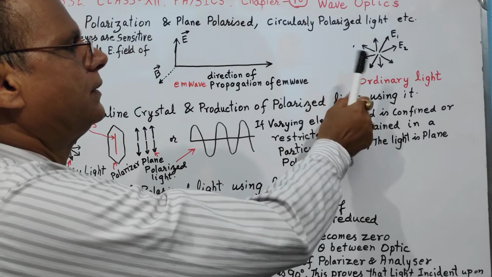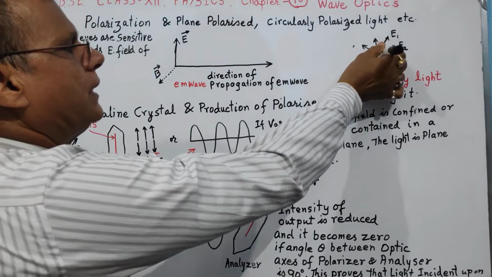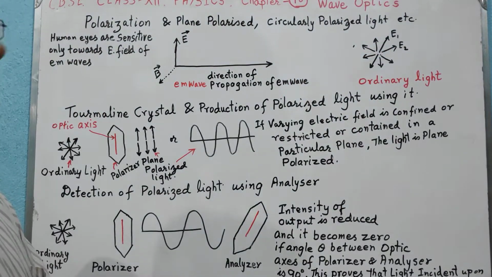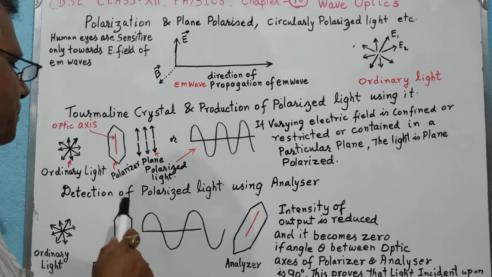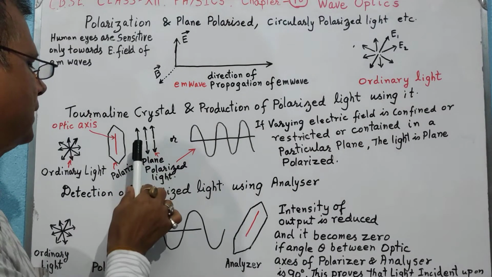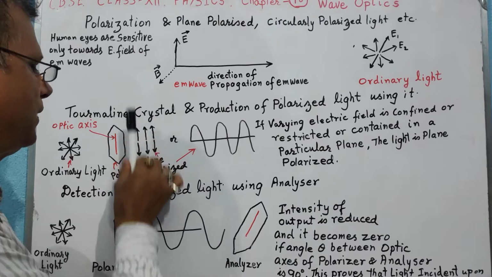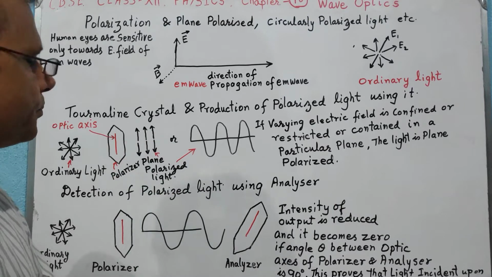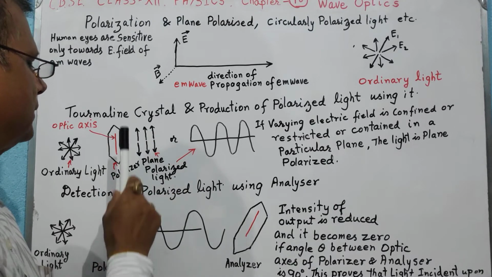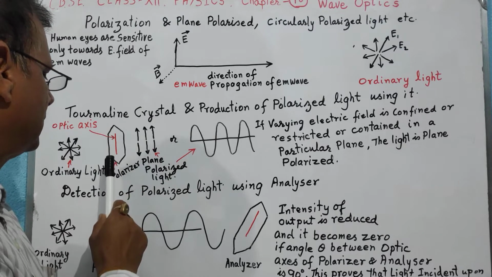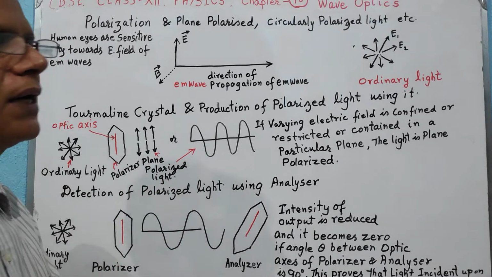So finally what happens is, while we had vibrations of the electric field in all directions in a plane perpendicular to the direction of propagation of light, now we have vibrations of the electric field in one particular direction only, and therefore this light is said to be polarized.